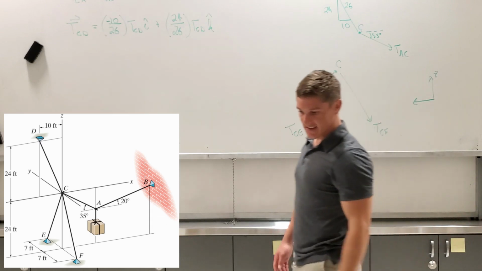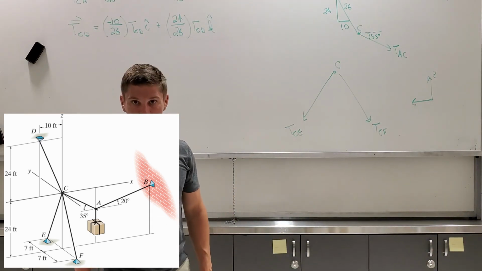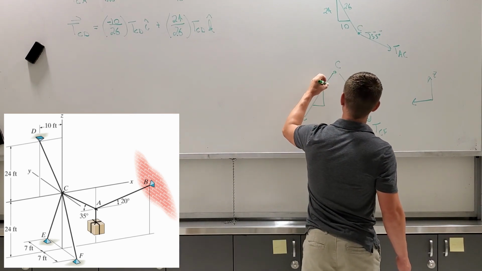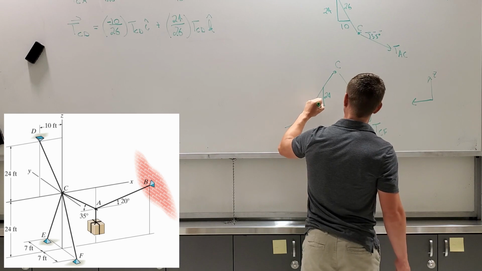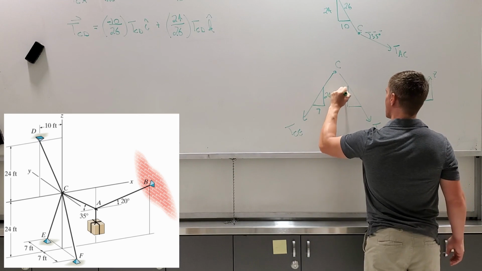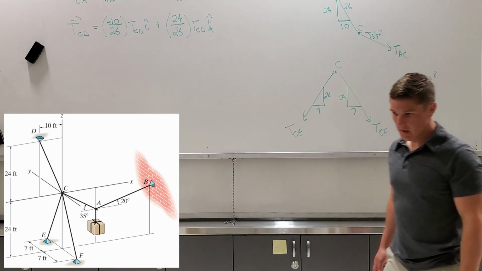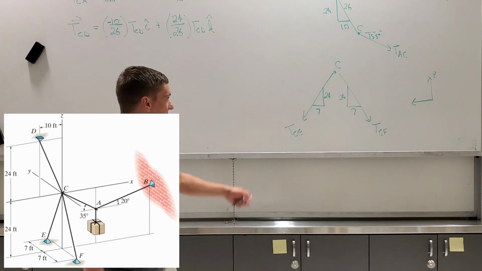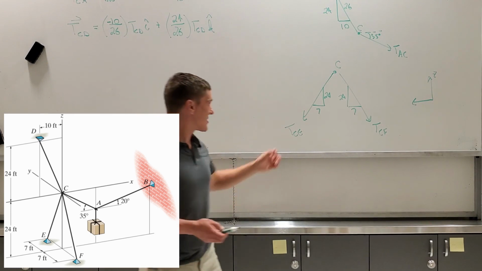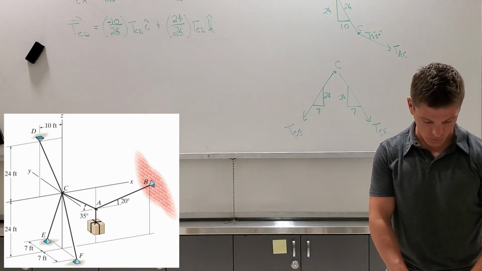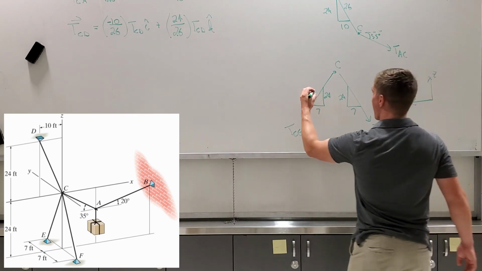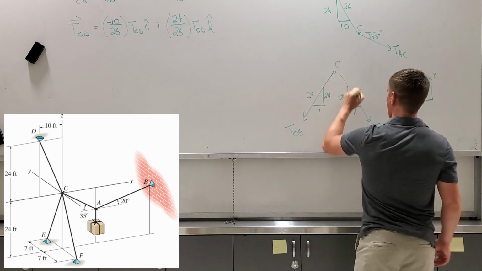Once again, they gave us slope triangles based purely off the dimensions of the cable. The cables go a vertical distance of 24 and a horizontal, or y, distance of 7, and both of them are the same, so they're both 24 and 7. So we can figure out the hypotenuse, or the length of the cable, that we need for our similar triangles. 7 squared plus 24 squared, square root of that, I get 25, and I already forgot that we're in feet.